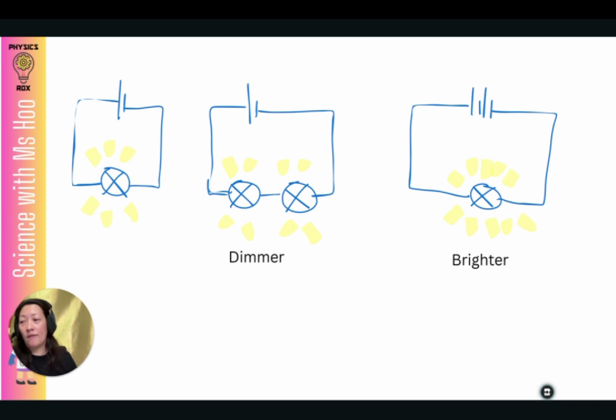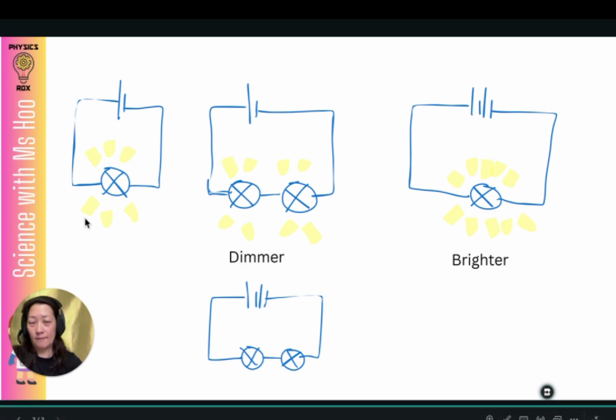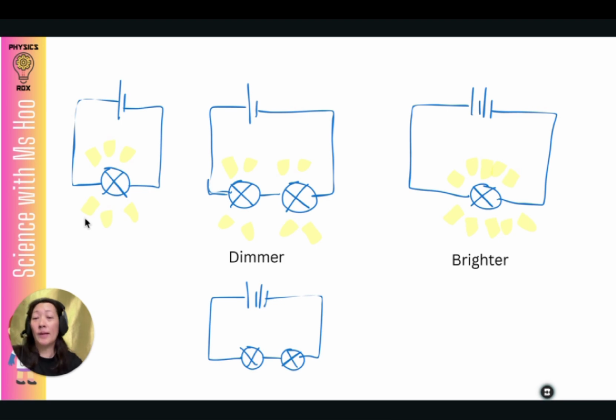What if we put two cells to two lamps? What do you think about the brightness in this circuit compared to the first circuit? That's right, the brightness would be the same because now the ratio is back to the original, one cell to one bulb.